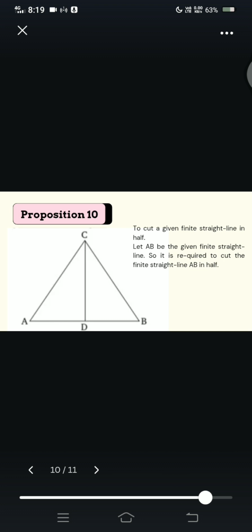So we bisect angle C of our triangle CAB or ACB, whatever the triangle it is.